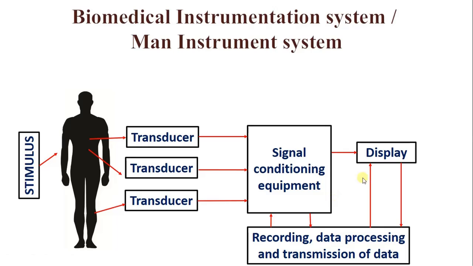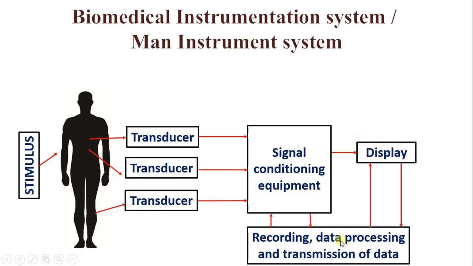So we have display equipment. The electrical output of the signal conditioning equipment must be converted into a form that can be perceived by one of the man's senses and that can convey information obtained by measurement in a meaningful way. The input to the display device is the modified electrical signal from the conditioning equipment.